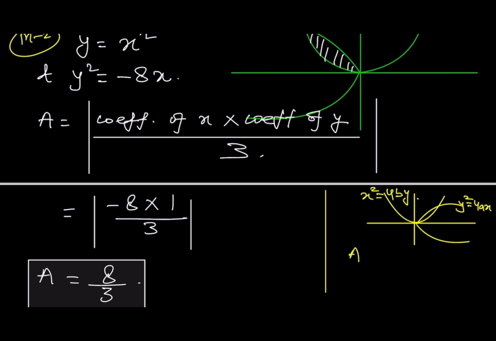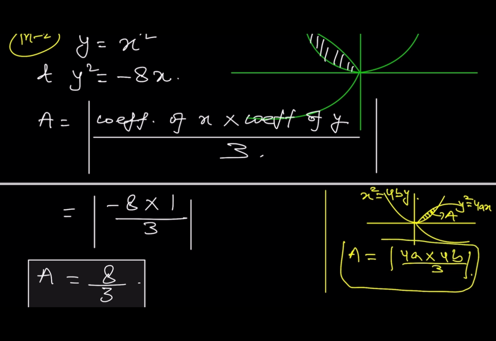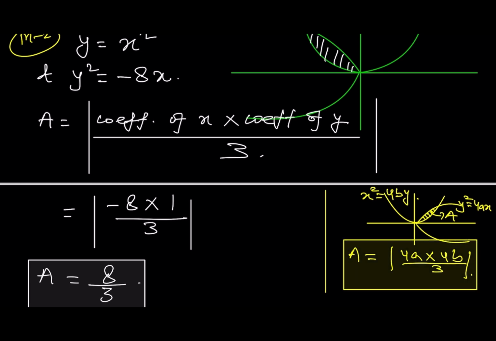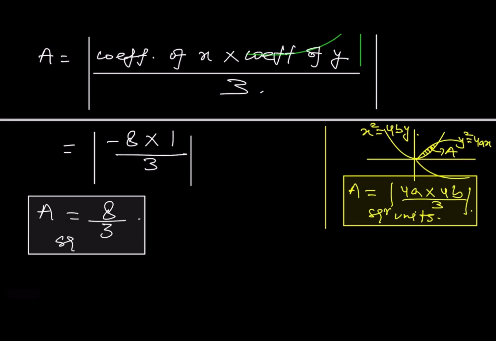Then the area is mod of 4a into 4b by 3, or simply coefficient of x into coefficient of y by 3, square units.